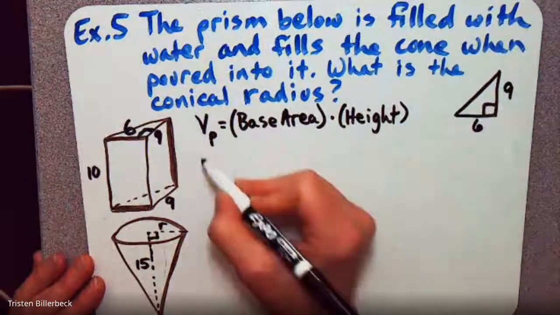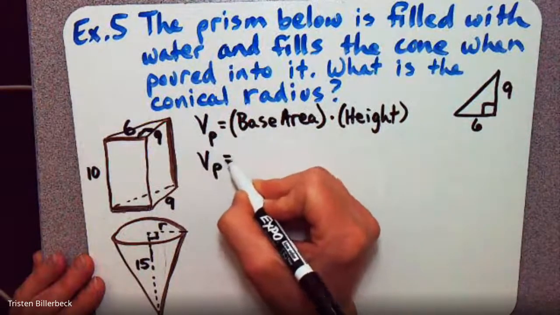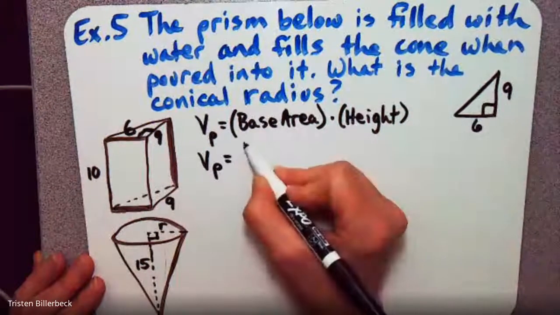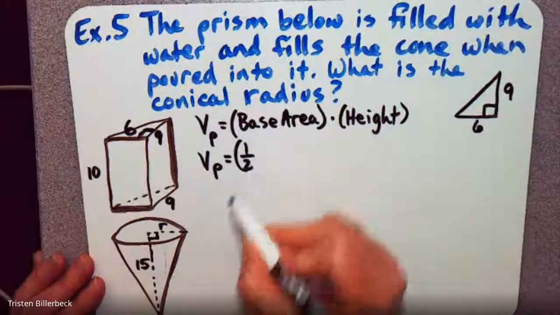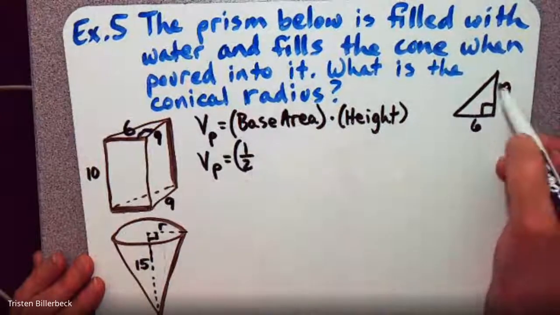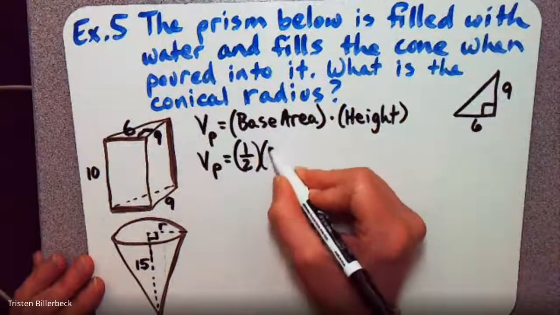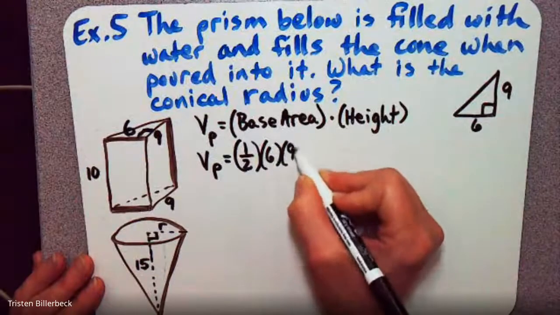So the area of that base for a volume of our prism is 1/2 base times height. So 1/2 times 6 times 9.